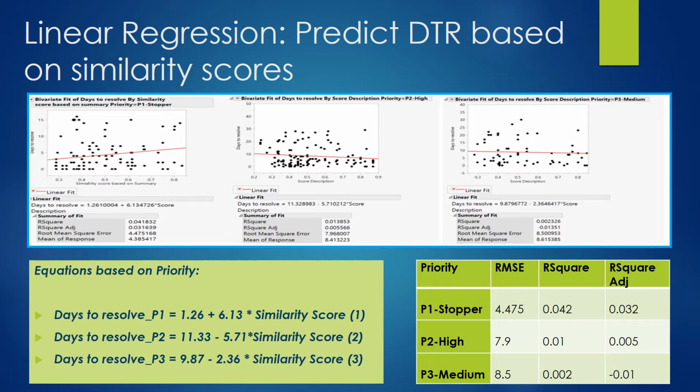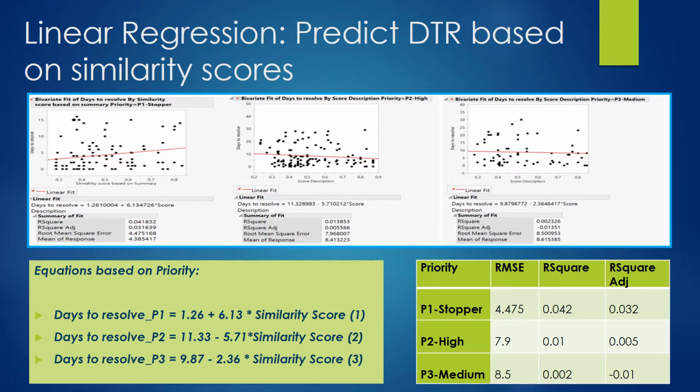This shows that for P1 stopper defects, as the similarity increases, days to resolve also increase. Thus, similarity of issues does not by itself drive quicker resolution for all P1 stopper defects. However, a low RMSE value of 4.47 indicates that this method can be used for accurate predictions.